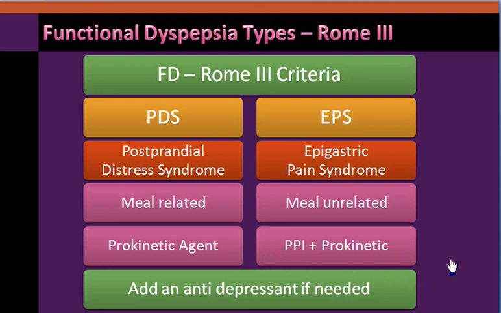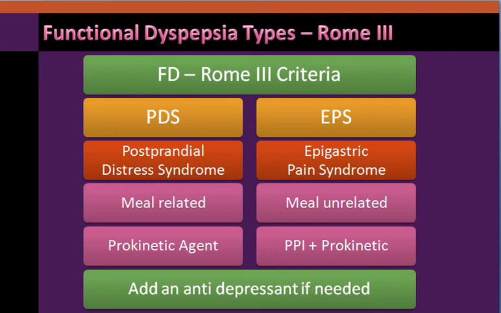If he belongs to the EPS, epigastric pain syndrome, a combination of prokinetic and PPI will be the choice. Suppose the patient is not controlled with this treatment, an addition of antidepressant drugs will be required, and that will probably control the symptoms of the patients. Of course, along with the other treatments like behavioral therapy, lifestyle modification, reassurance also have to be borne in mind.